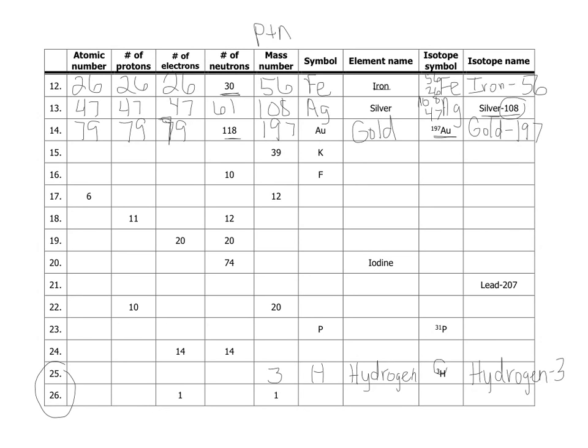Hydrogen is the first element of the periodic table, so its atomic number is 1, its protons are 1, its electrons are 1. And then to get our neutrons, we need to do our mass number 3 minus our protons 1, so that is 2 neutrons.